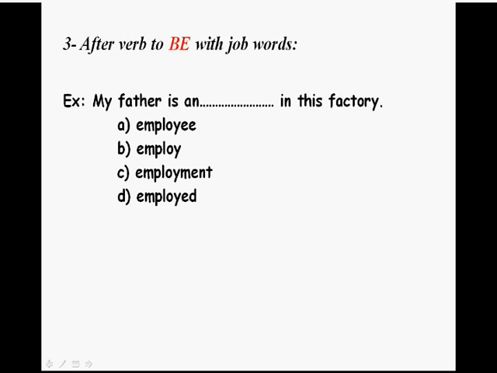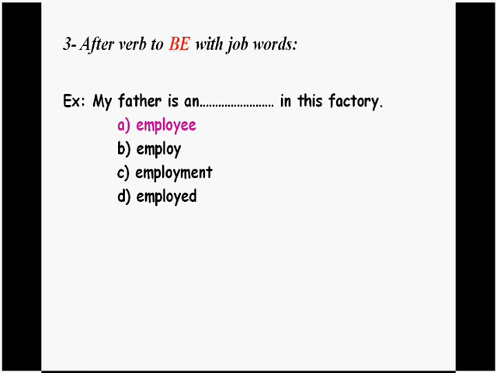These are nouns. But of course, employee means the person who works, okay? Employee. And this is the correct word which we should use in this sentence. Job words, okay? Employment is the general noun. So here we have employee. So my father is an employee in this factory.